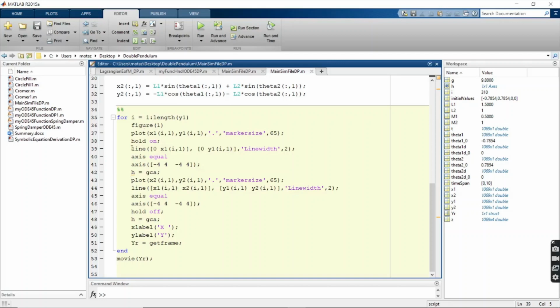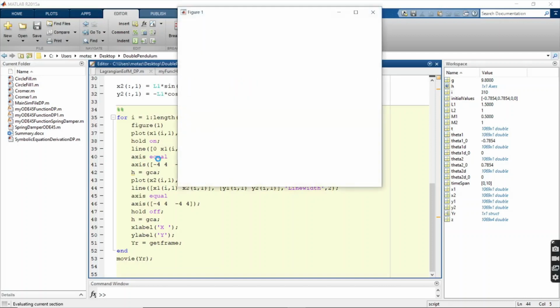And then we connect a line from the origin to x1, y1, and then we connect another line from x1, y1 to x2, y2, and then we run it. Okay, GCA is get current axes, and then we get a frame for each for loop, and then we run it in a movie using this movie function, get frame.